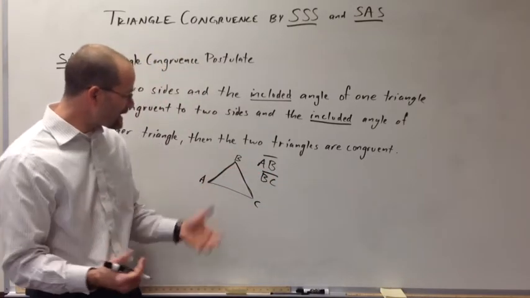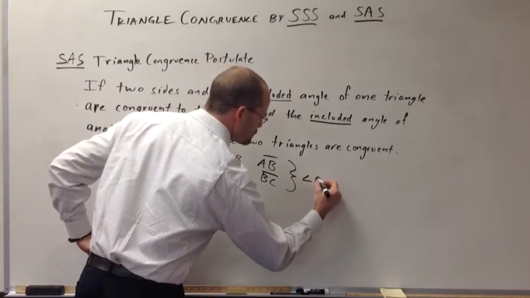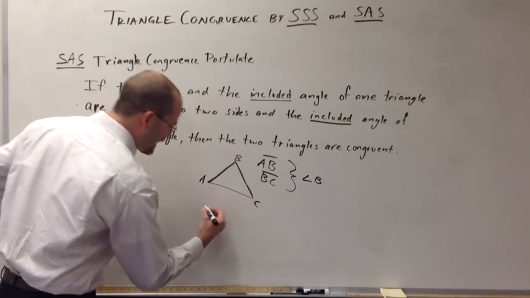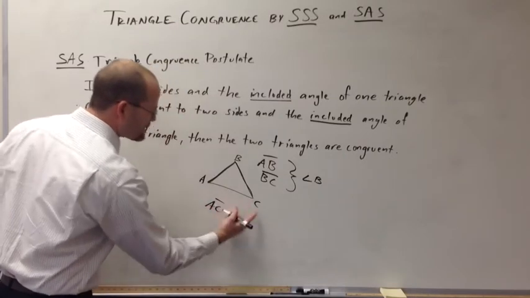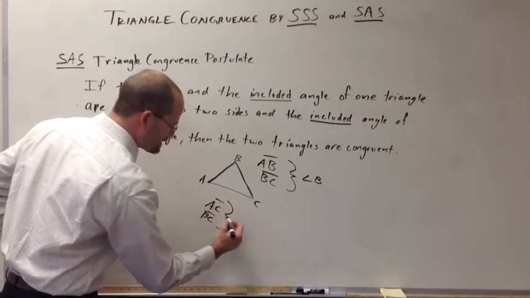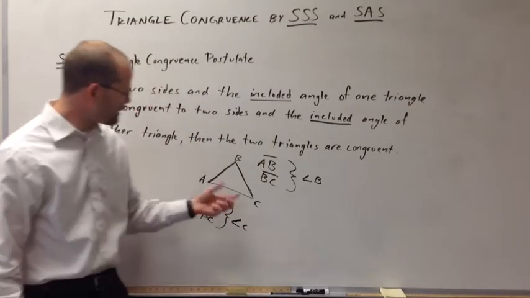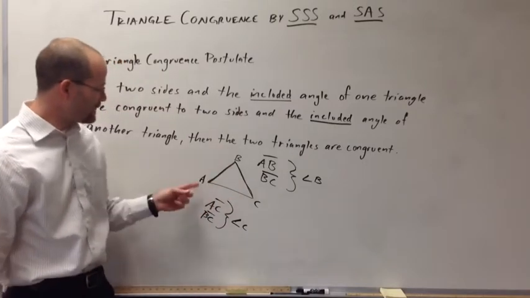Okay? If instead I talk about side AC and side BC, then angle C is the included angle. And I think you can see if I talk about side AC and side AB, then angle A.